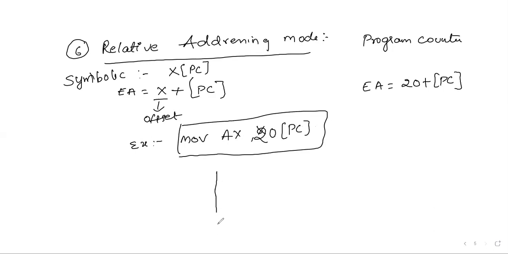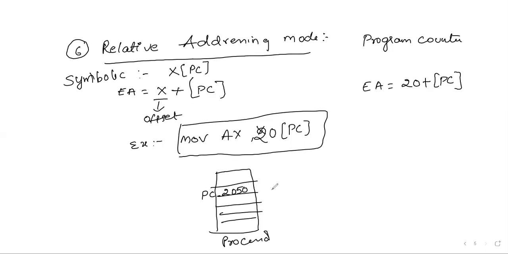In the processor, along with the general purpose registers, there are special purpose registers such as the program counter. Suppose the contents of the PC are 2050.